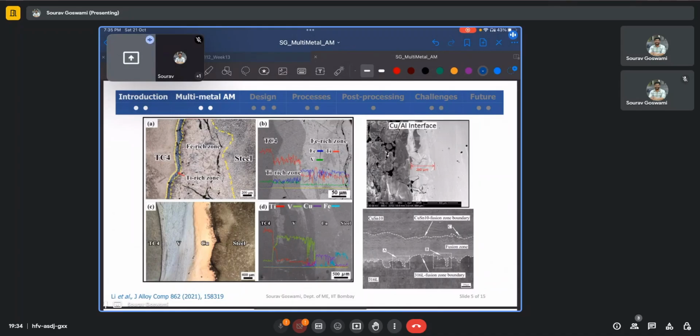Again, between a TC4 and steel joint, we may also use some interlayers of vanadium and copper, which may actually help to reduce the formation of deleterious intermetallics. Here on the right, we see that between the Cu and Al interface, certain cracks have propagated, which may lead to premature defects and premature failure.